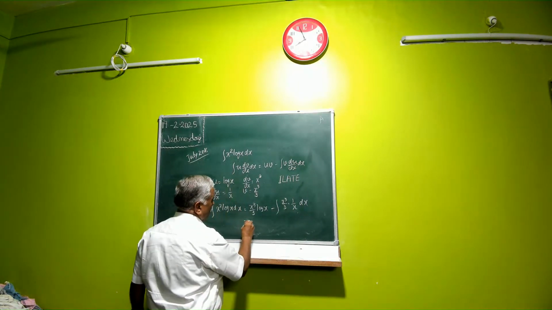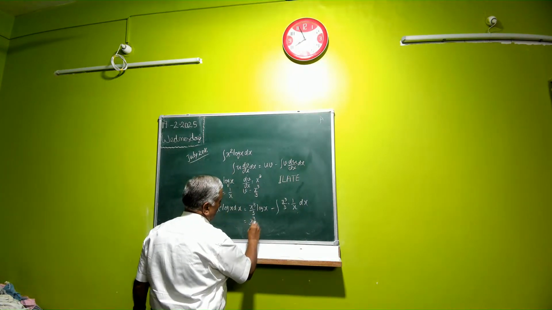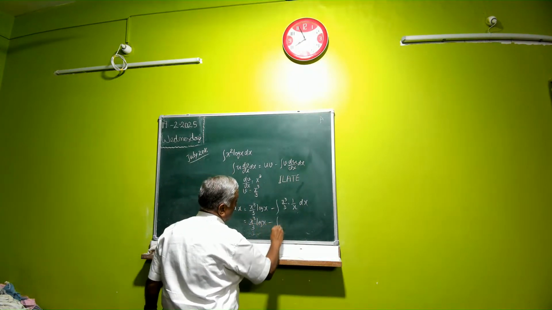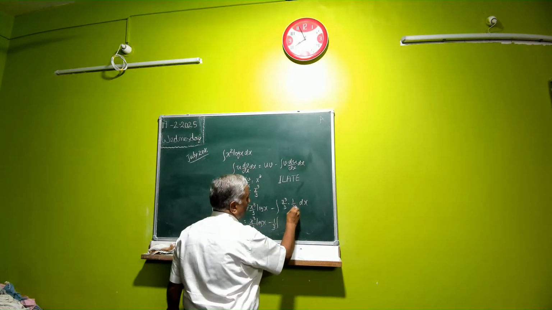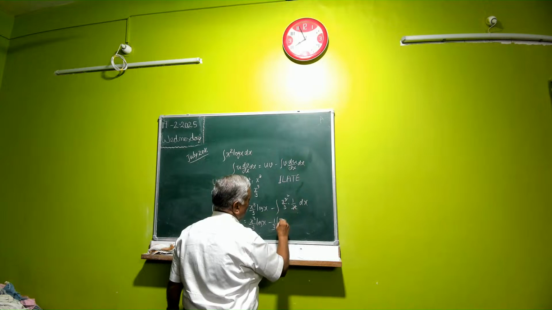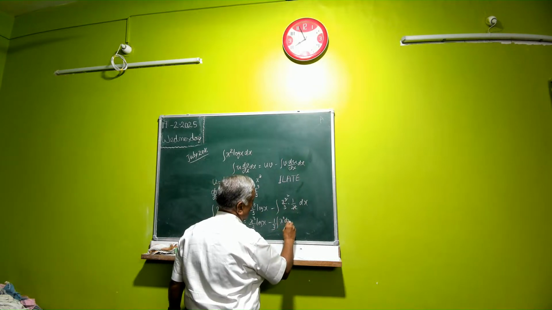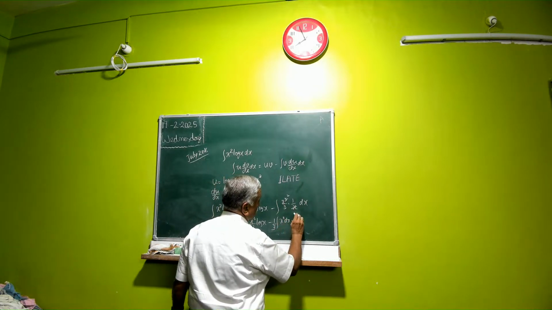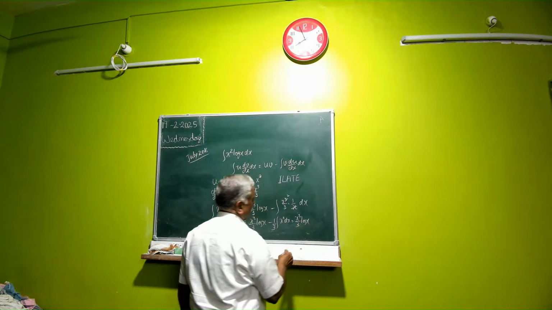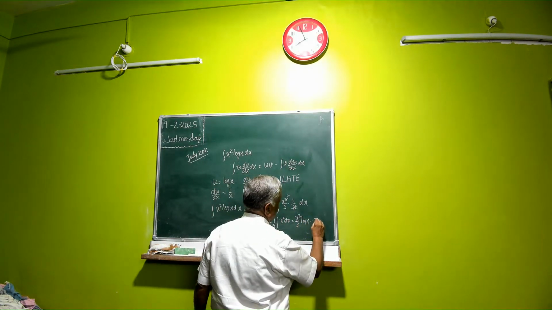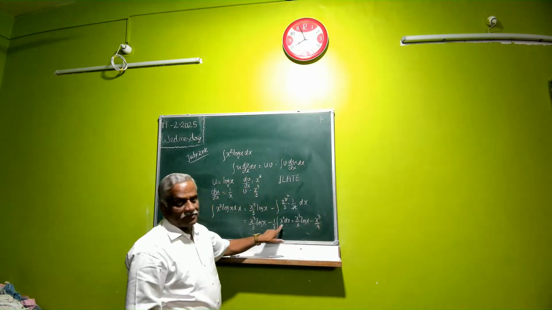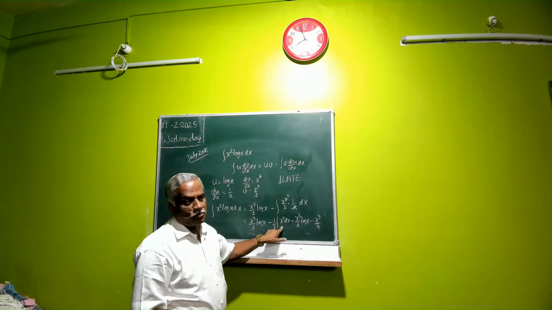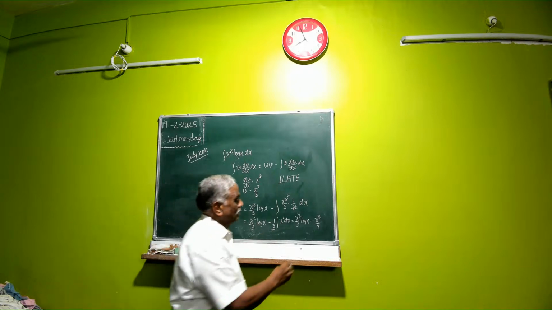So it is x cube by 3 log x minus integral of 1 by 3, you can take it outside, 1 x you can cancel, you get x square dx. That is equal to x cube by 3 log x minus x cube by 9. Why 9? Integration of x square is x cube by 3, there already 1 by 3 is there, plus c.